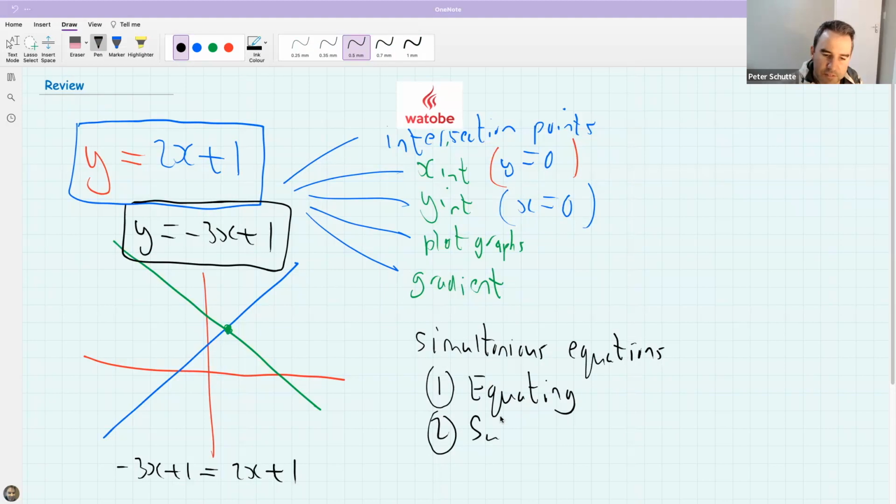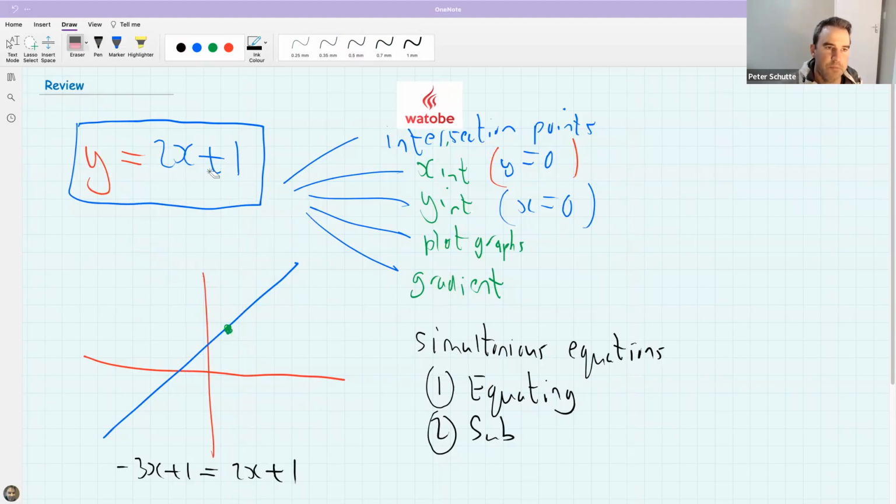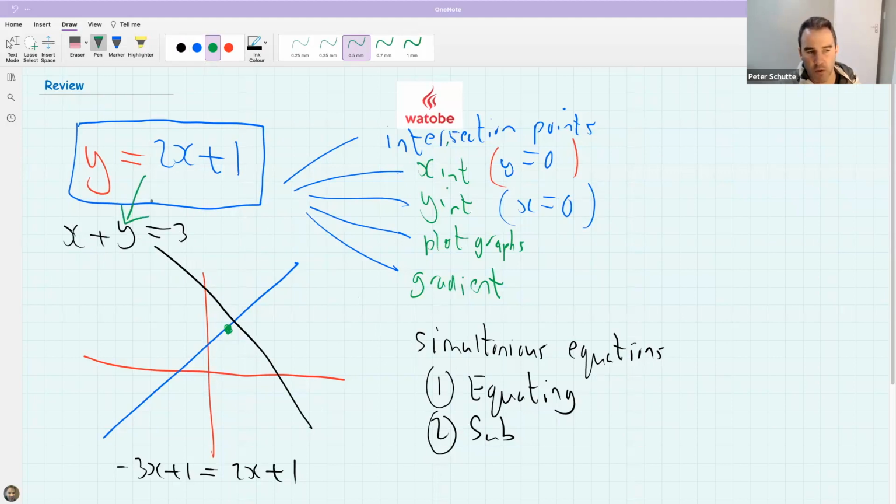Or if they're not both in standard form, let's say the second one was in that form, then what we can do is we can sub the easy one into the harder one. And that was another method that we looked at. You don't need to know the whole thing right now. You can always go back to the last video, but I just wanted to quickly recap those things.